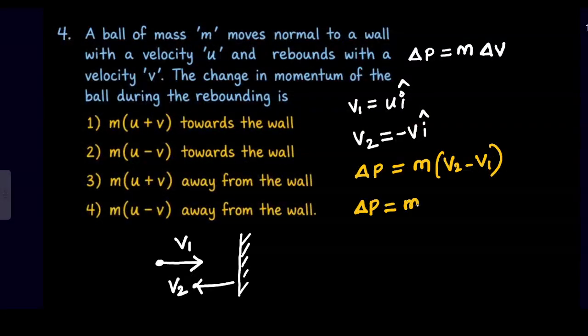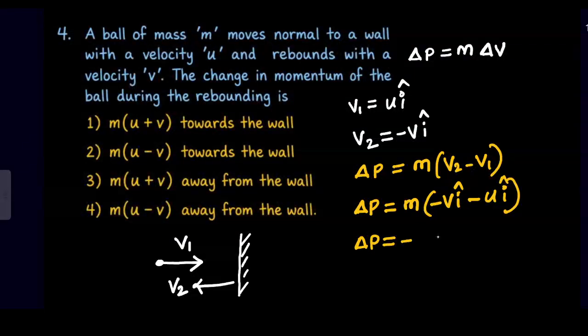That is M into V2, which is minus V into I cap, minus U into I cap. So delta P, taking minus common, is M into (V plus U), with minus I cap.